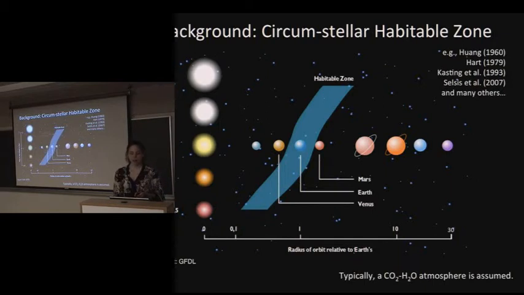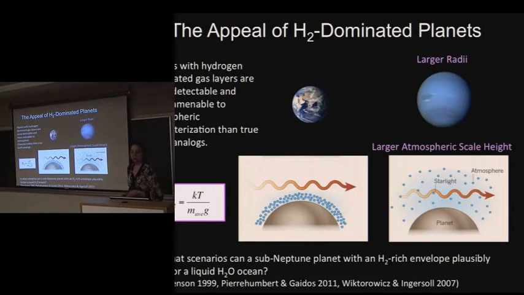The outer limit is affected by the condensation of carbon dioxide, which is an important greenhouse gas. So this is for carbon dioxide and water envelopes. But actually, planets with hydrogen-dominated envelopes are appealing as well.